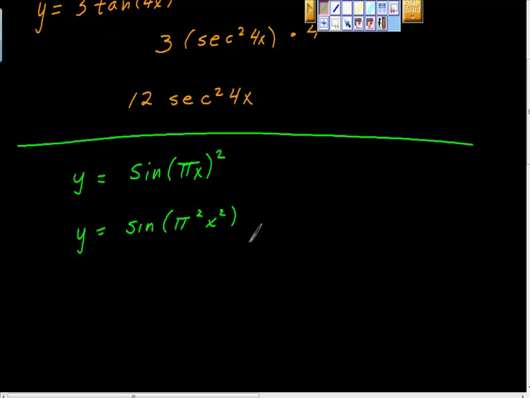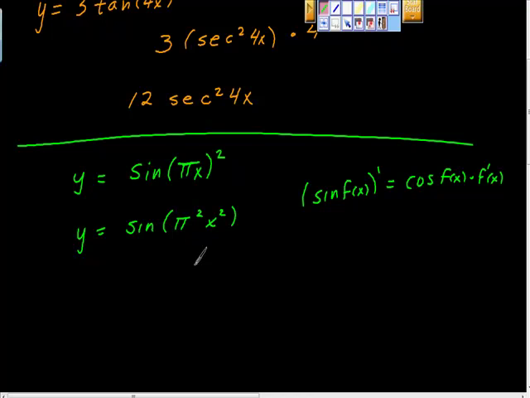I cleaned it up a little bit, and now remember, now we have sine of f of x. So remember that the first derivative of sine of f of x is equal to cosine f of x, isn't it? Times f prime of x. That is the inner part of the derivative.